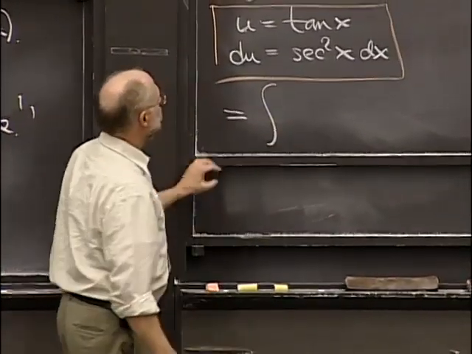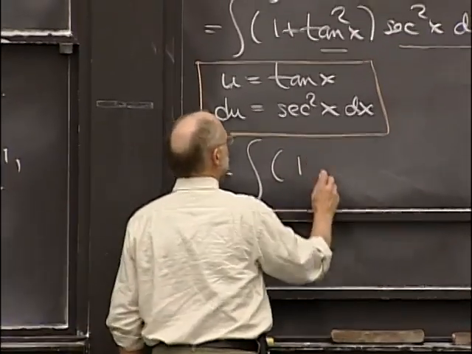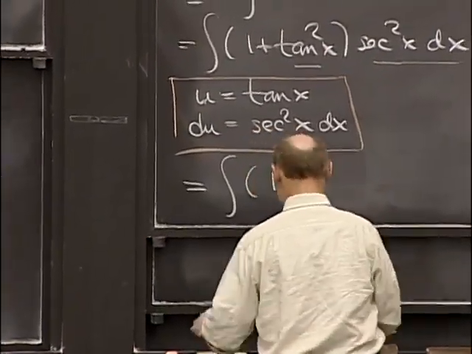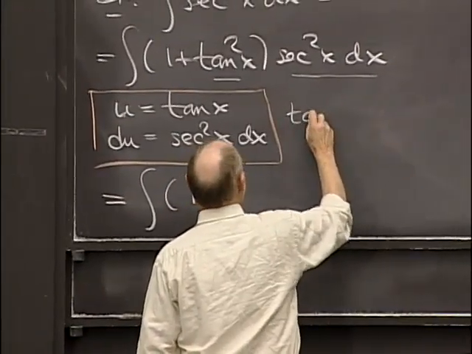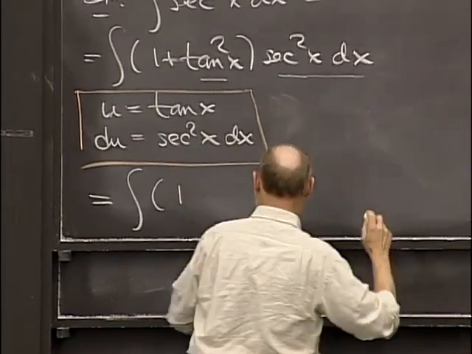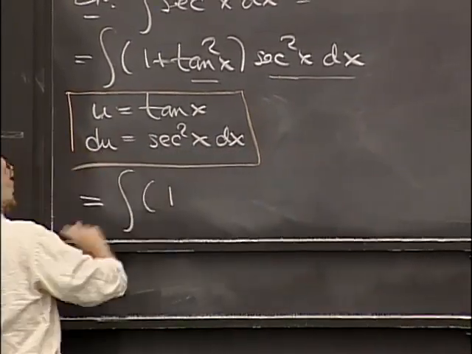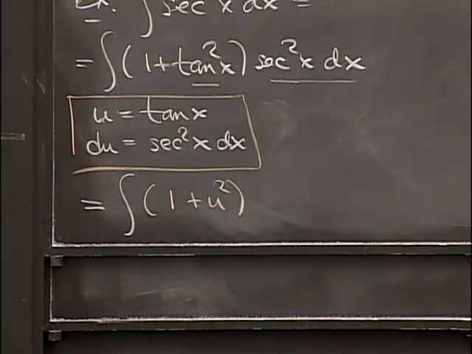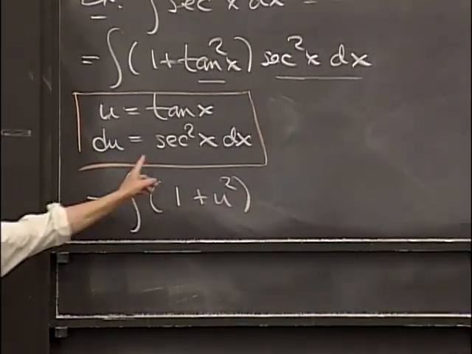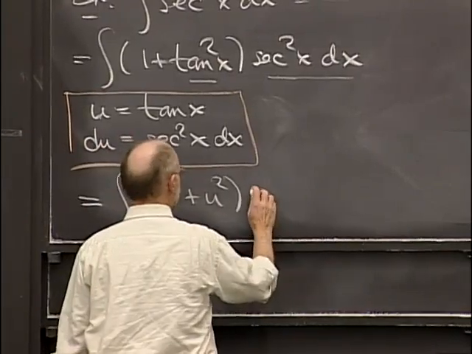Under that substitution, I get 1. Oh yeah, and I should add the other fact that, well, I guess it's obvious that tangent squared is u squared. So I get 1 plus u squared, and then du, the secant squared x times dx, that is du.